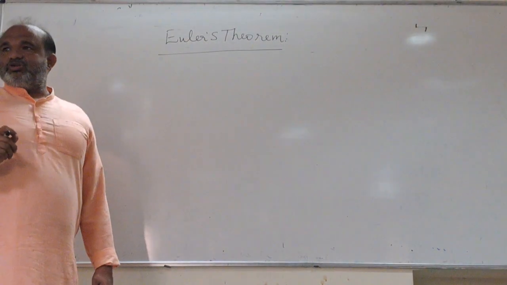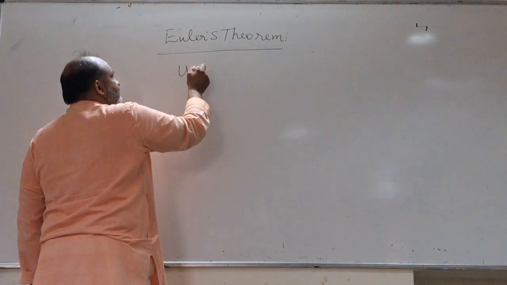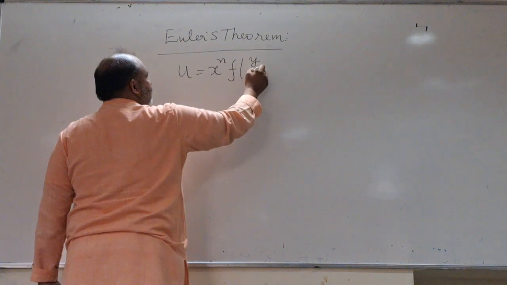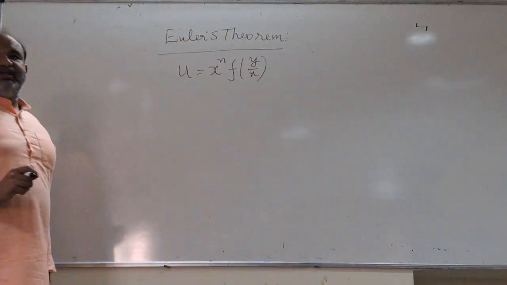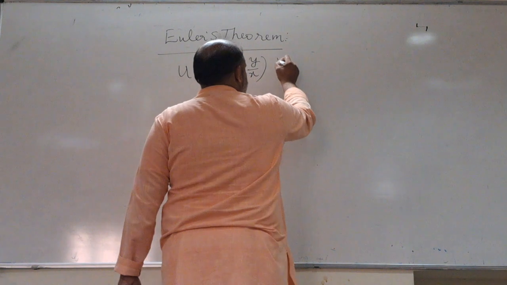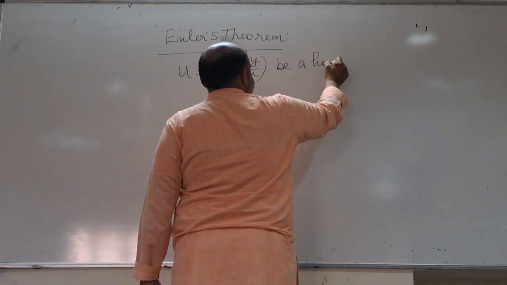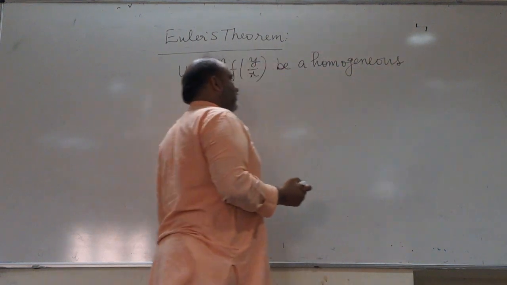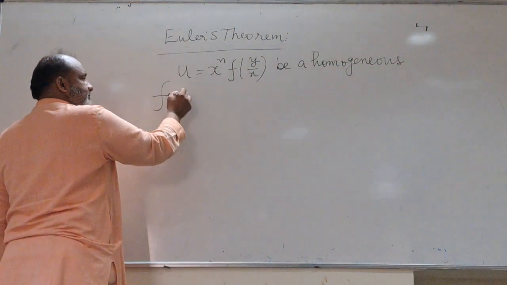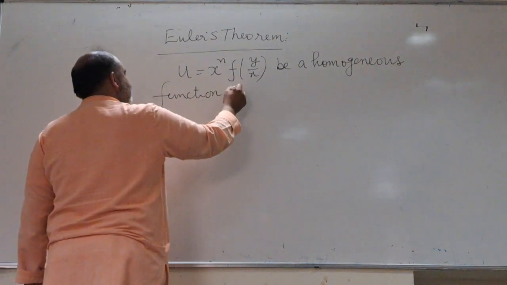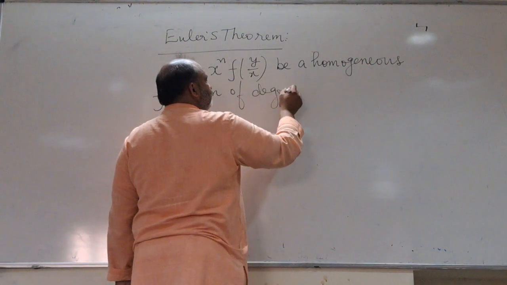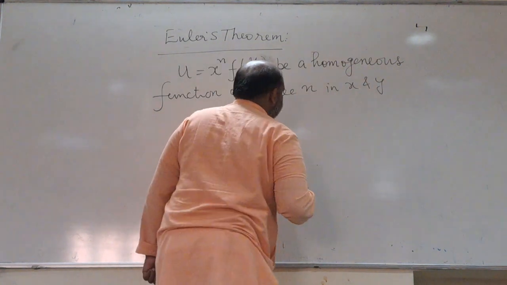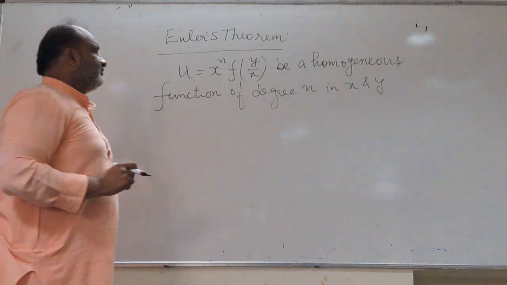Let u is equal to x power n f y by x be a homogeneous function of degree n in x and y. Then what is the statement of Euler's theorem?